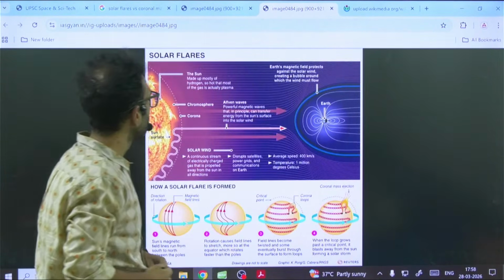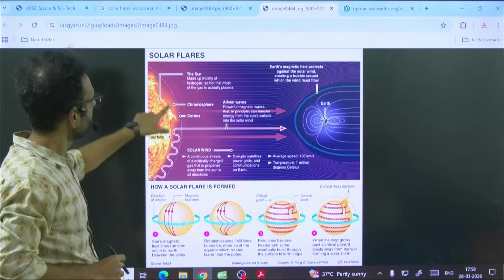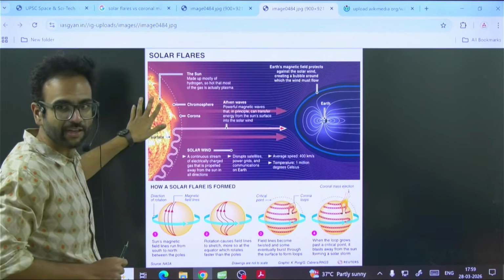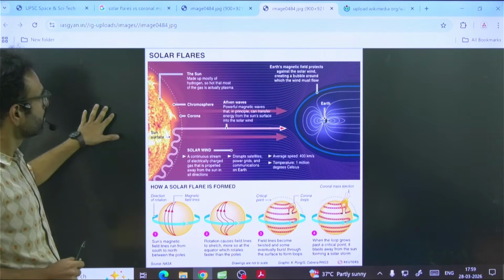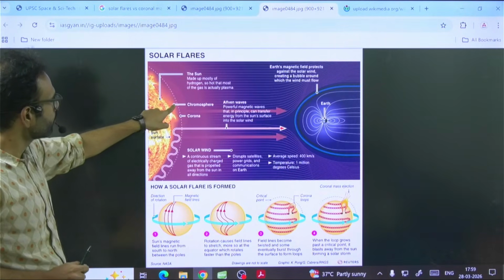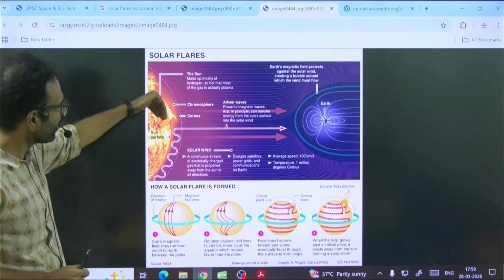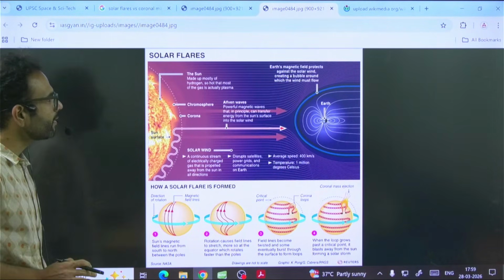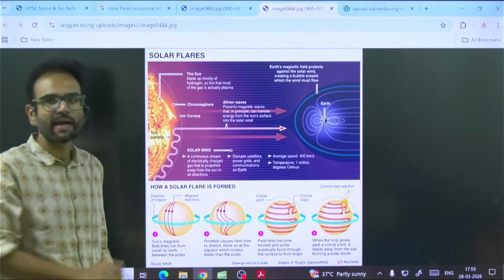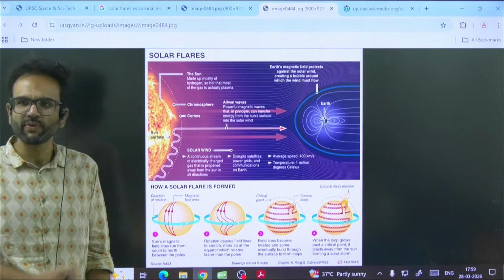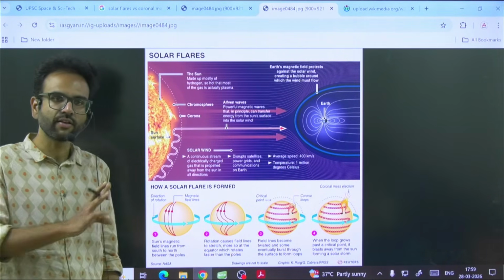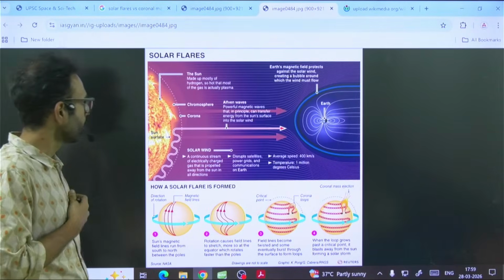Take a look at this. You have the sun's surface like this, and then you have the chromosphere, corona, and these are the outer layers. Now, what happens is Earth will have its own magnetic field, which will deflect all these external radiations.